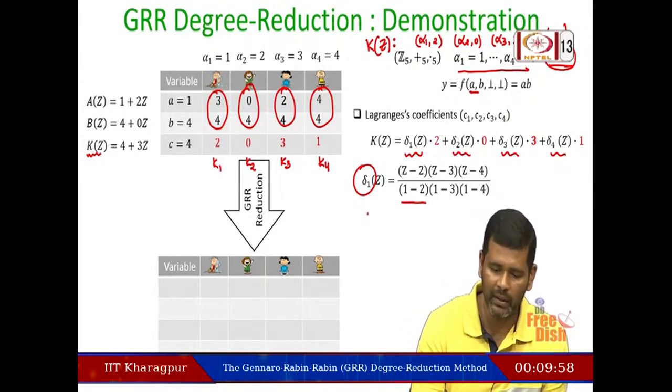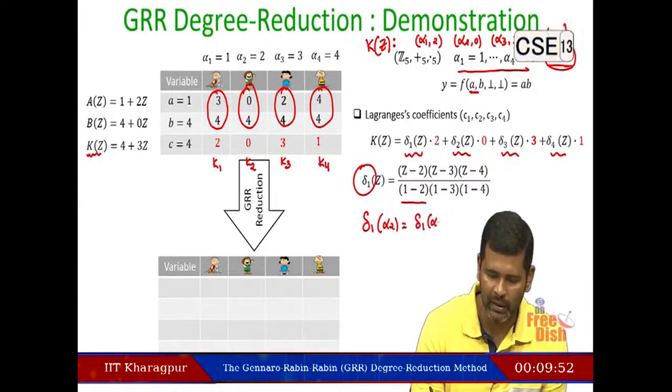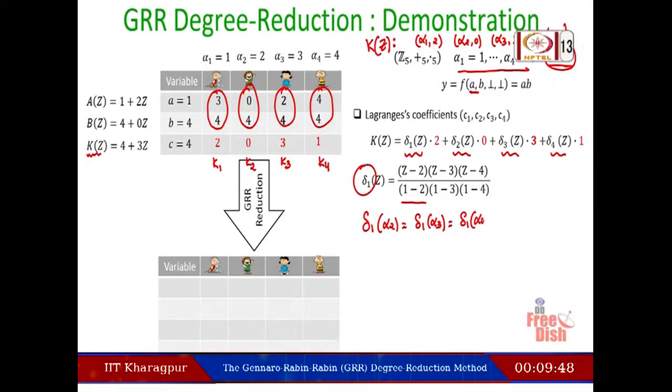So, you can now see that delta polynomial 1 at alpha 2, alpha 3 and alpha 4 will vanish, but it will survive at alpha 1. As a result, the first Lagrange coefficient, the constant term of this delta polynomial, will be 4.